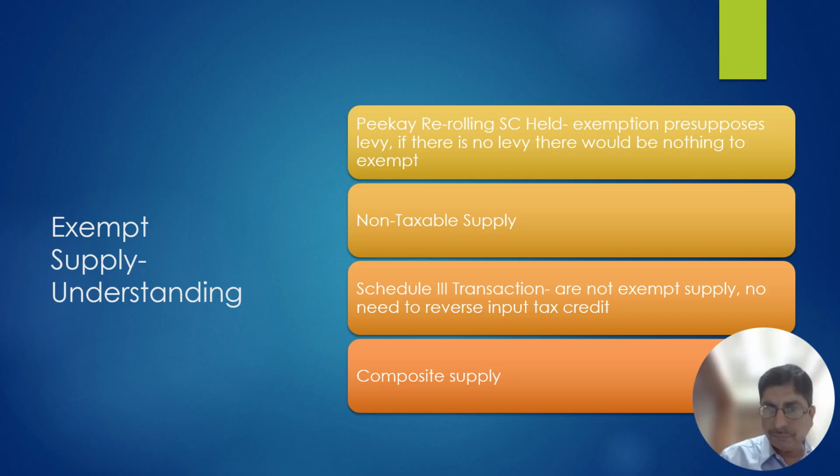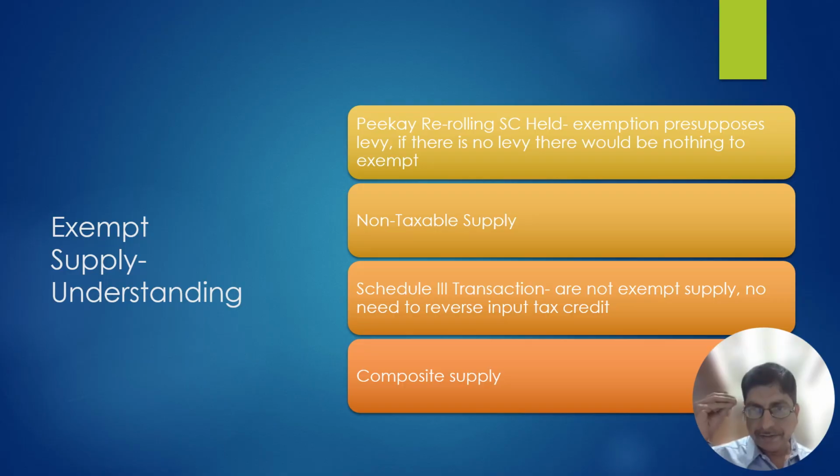And whenever the words used are taxable and exempt supply, there the meaning of taxable supply is in contradiction to the exempt supply, that is, other than exempt supply. You need to correctly interpret the law, because exempt supply is a subset of taxable supply.